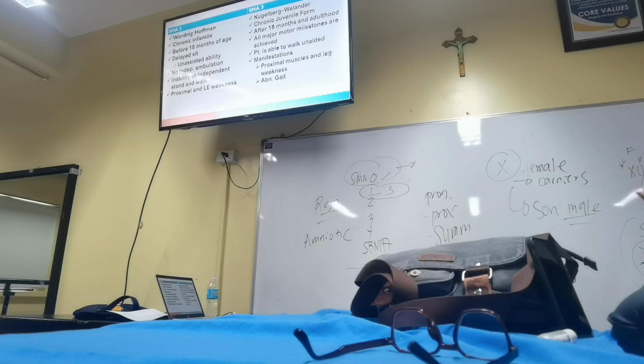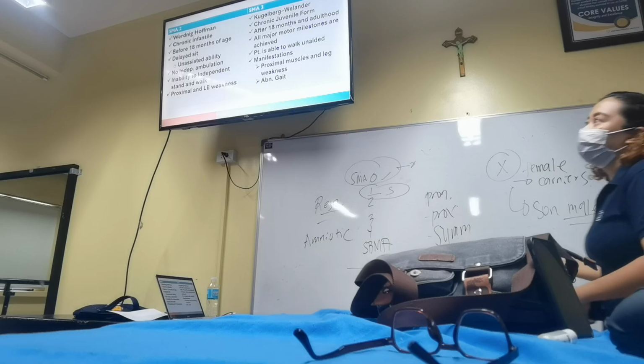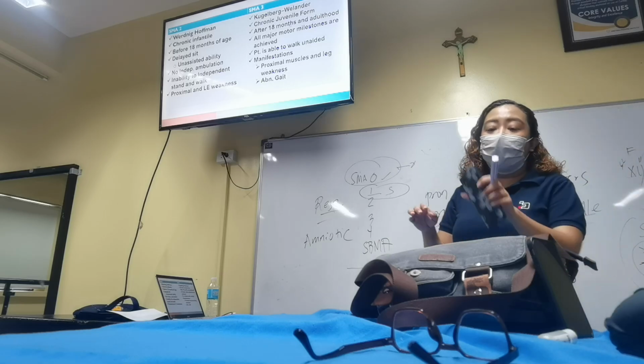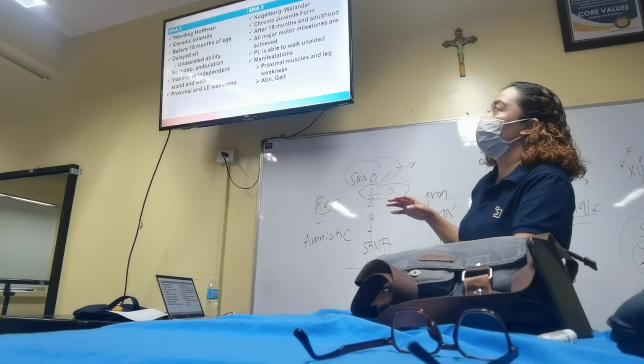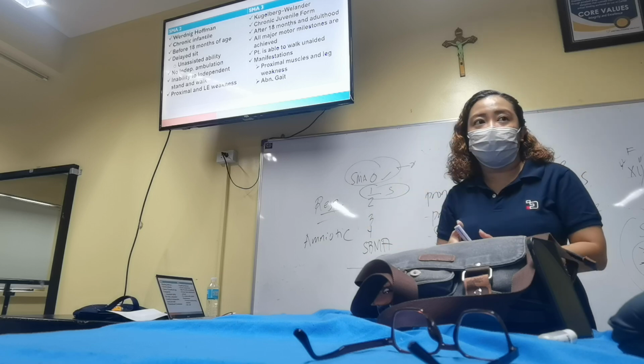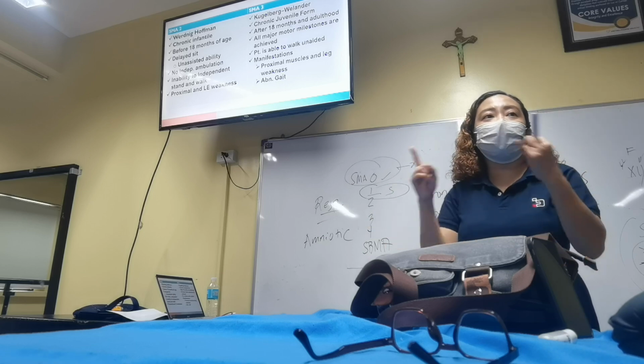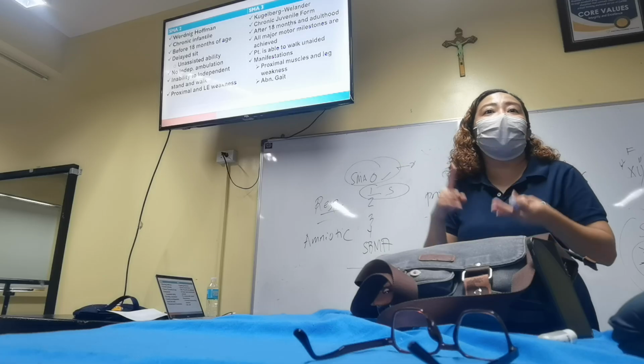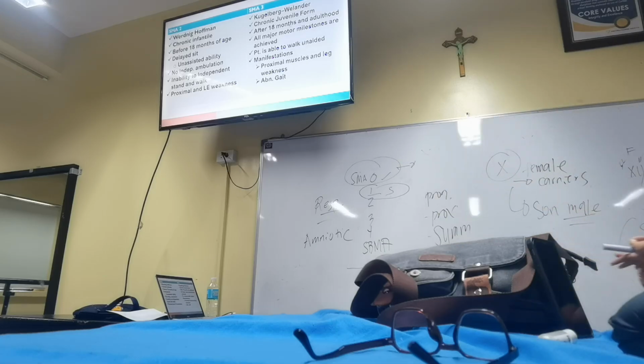What else you need to know? Chronic infantile disease. Now, onset is the most important. When will be the onset for SMA 2? Before 18 months of age. Is that clear? One is 6 months, the other is 18 months. Before 18 months of age.